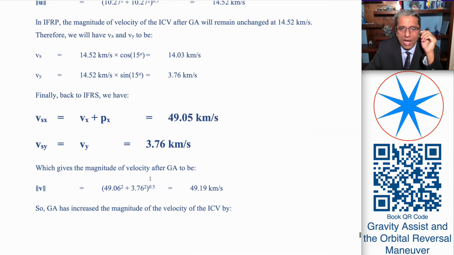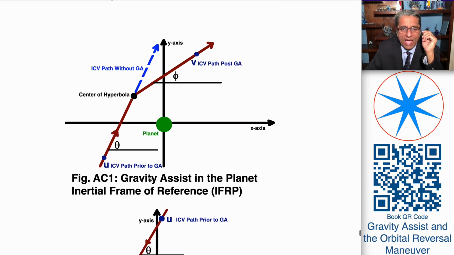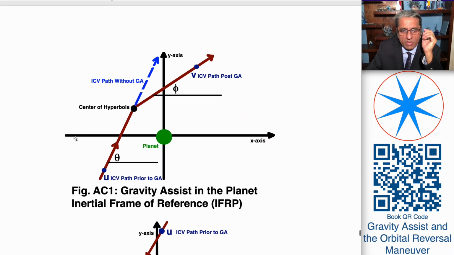So in our graph, what we have is theta to be 0. That means it was moving along this line. And then the deviation was minus 90. So the phi was minus 90. So it means that the spacecraft came this way and then it went this way.